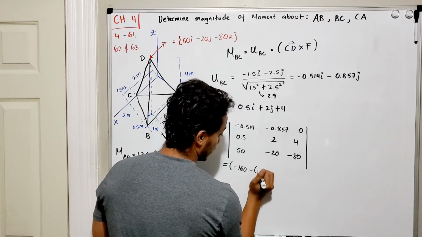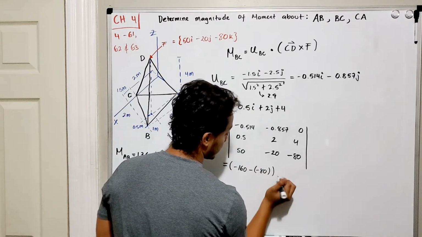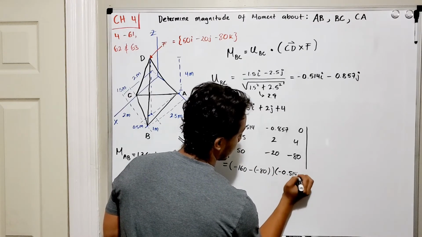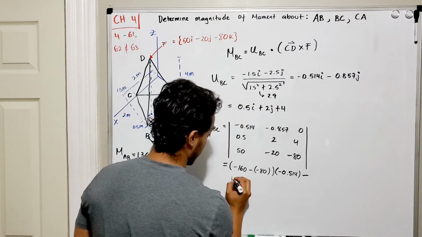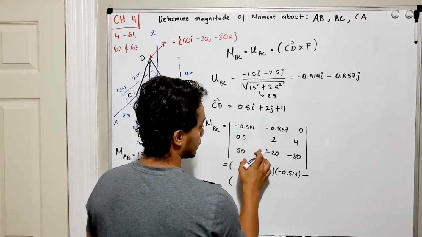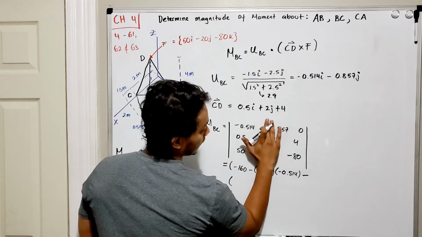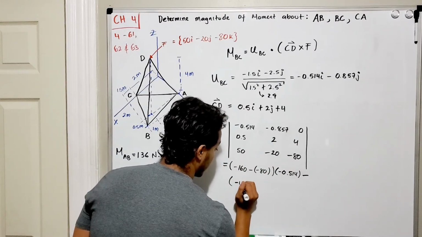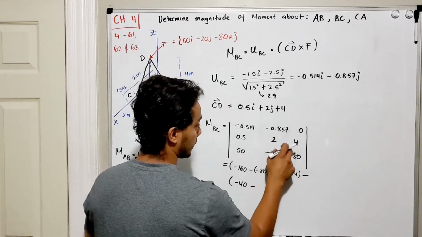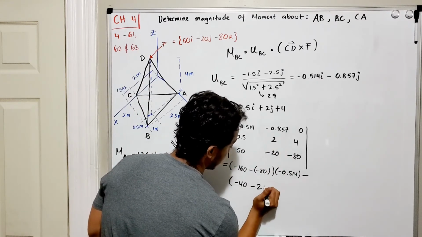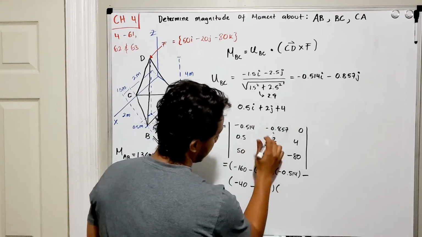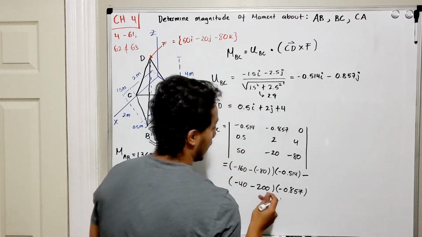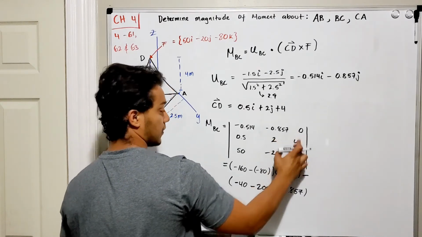So if we do negative 80 over here, and then we multiply it by our unit vector, so negative 0.514, then we do minus, and then we are going to do, so if we hide this column and the first row, we have 0.5 multiplied by negative 8, so that gives me negative 4 minus 50 multiplied by 4, that gives me 200, and then this we multiply by our negative 0.857, and then we don't have to do the last one because this one is going to be multiplied by 0, so it's gone.